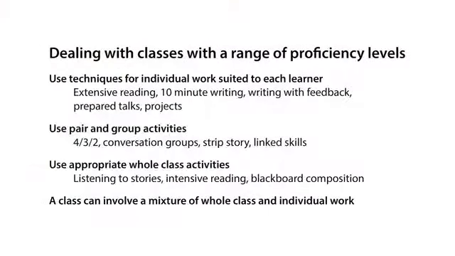Let's now look at pair and group activities. The 4-3-2 activity is a pair activity. And when the learners work in pairs, the teacher should try to put learners in pairs where each learner is of roughly equal proficiency, so that the learner listening is at roughly the same level of proficiency as the learner speaking.